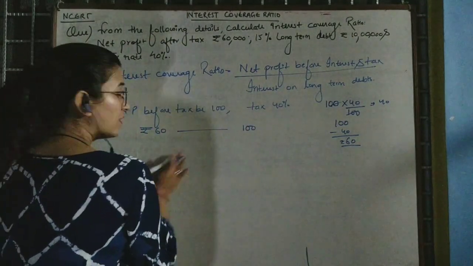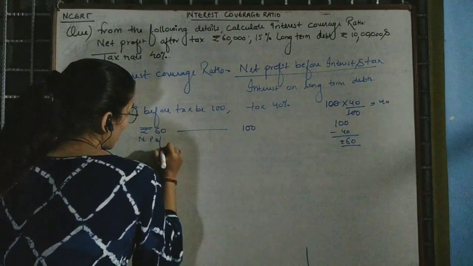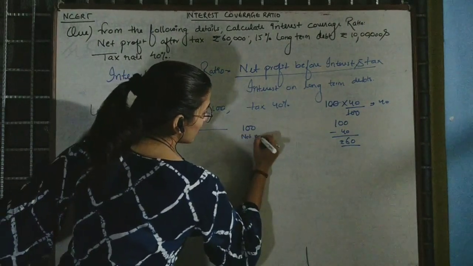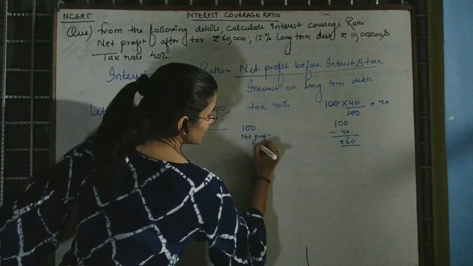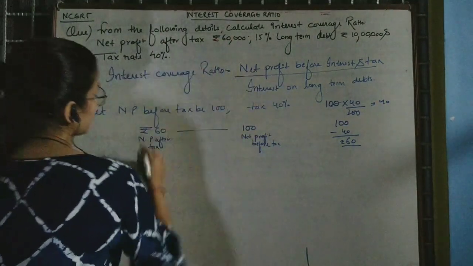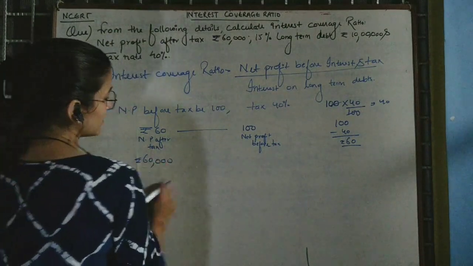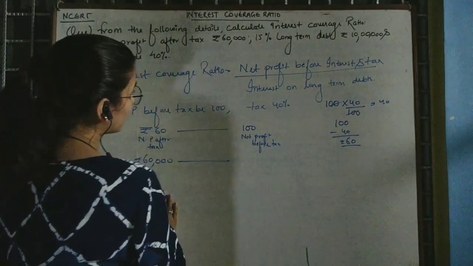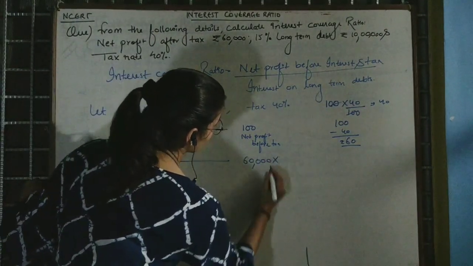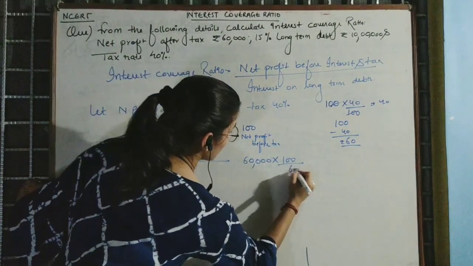So here we will use a unitary method. If net profit after tax is 60, net profit before tax was 100. So if the net profit is 60,000 after tax, by using unitary method, we will get net profit before tax is 60,000 into 100 divided by 60.